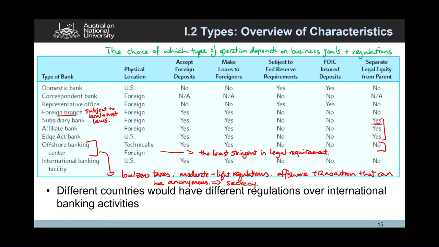As banks realize that if they go overseas, it's almost as if they're doing regulation arbitrage. We're talking about arbitrages in this course, right? And in a lot of finance courses. They realize that regulations are not really taking care of their foreign presence.